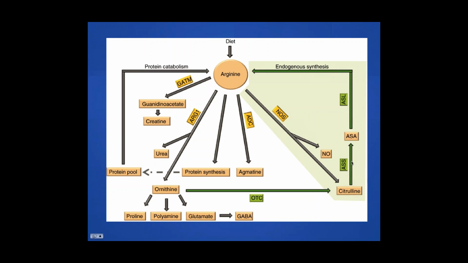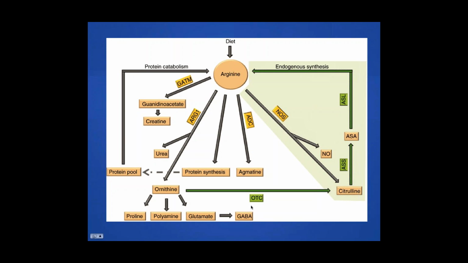And from there, we have a gene right here, this lovely little ASS gene, which converts citrulline back to arginine. So it's kind of a self-contained unit over here, and if you don't make nitric oxide synthase, or if you're making it inefficiently, let's say, then arginine is going to go over here and create creatine, or it's going to create urea, or it's going to create ornithine over here and possibly go to glutamate.